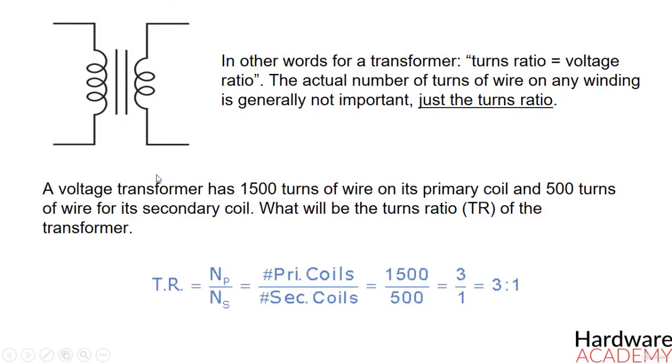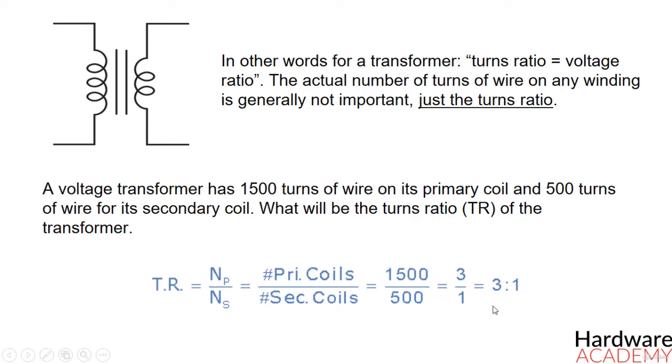And now let's take an example. If a transformer has 1500 turns of wire on its primary coil and 500 turns of wire for its secondary coil, what will be the turn ratio of the transformer? By doing a simple division, we will get that the turn ratio is 3 to 1.